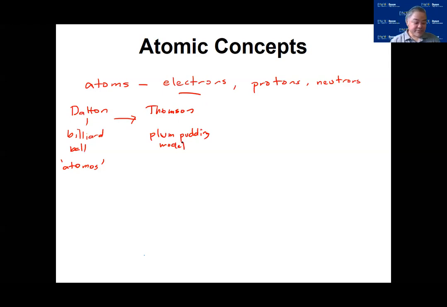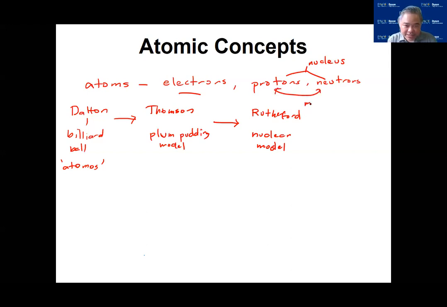And then from that, Rutherford found out that the plum pudding model is not working because indirectly he found the nucleus, for which we have the nuclear model. So we could say that these two are in the nucleus.